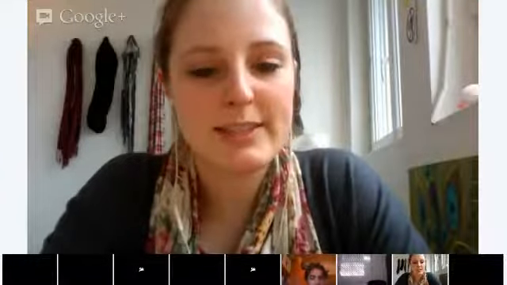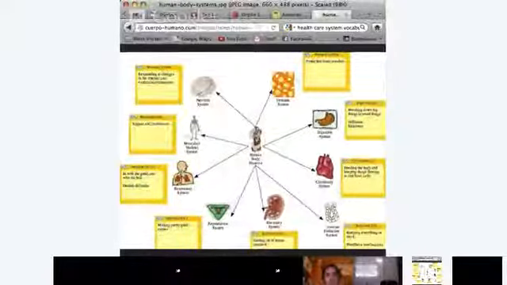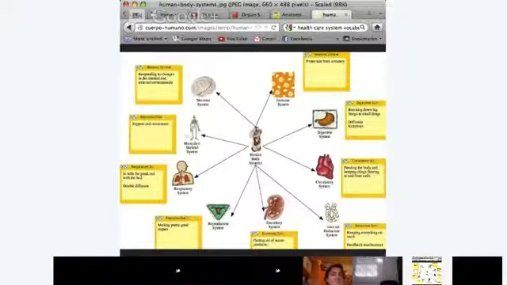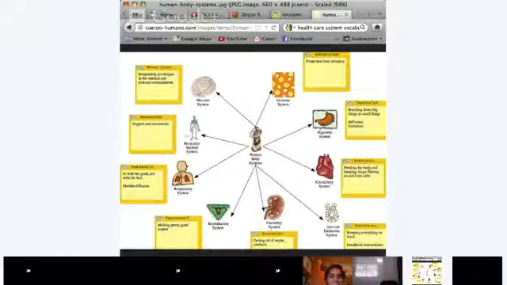All right. The next system we have in this diagram is the musculoskeletal system, or the muscular skeletal system. The job of that is support and movement. What's in your musculoskeletal system? What kinds of organs, what kinds of things are in that system?